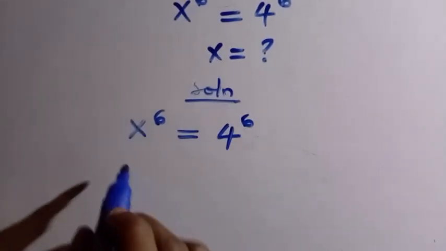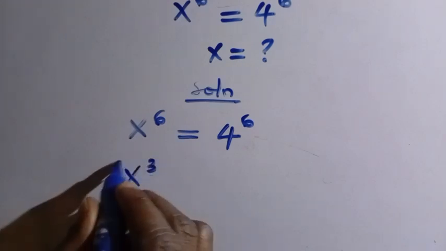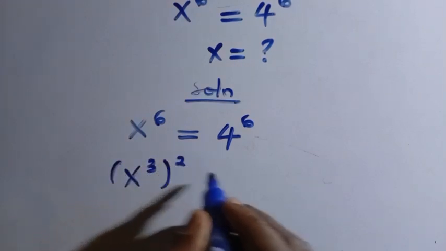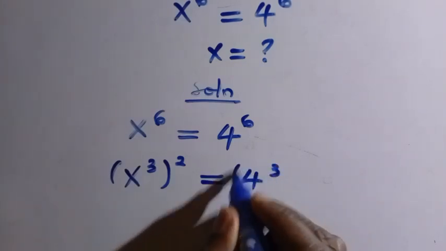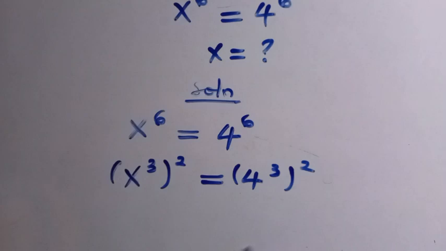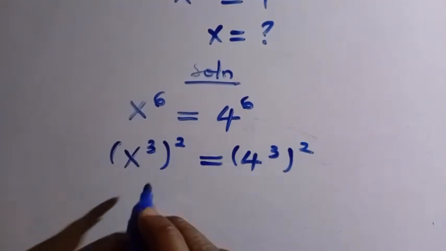And from here, we can easily write this as x raised to the power of 3, raised to the power of 2, equals 4 raised to the power 3, raised to the power of 2. And then from here, let's transfer this here.